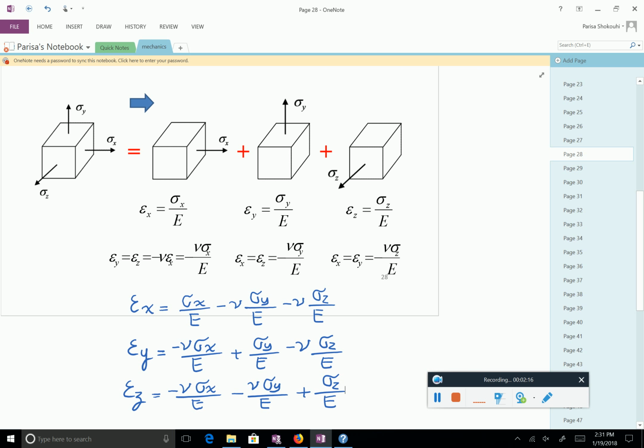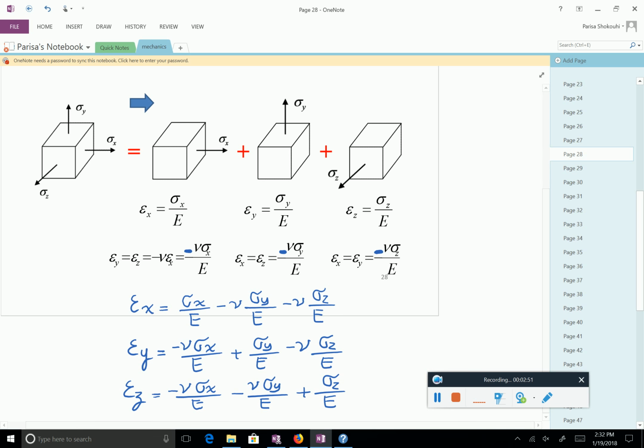In the direction of the stress, it's simply sigma over E. In the other two directions, you need to use Poisson's ratio. These negatives are not very clear here, connected to the line. And then if you want to look at, let's say, the total strain in the x direction, you have to see how much is the strain in the x direction from here, and from here, and you sum it up.